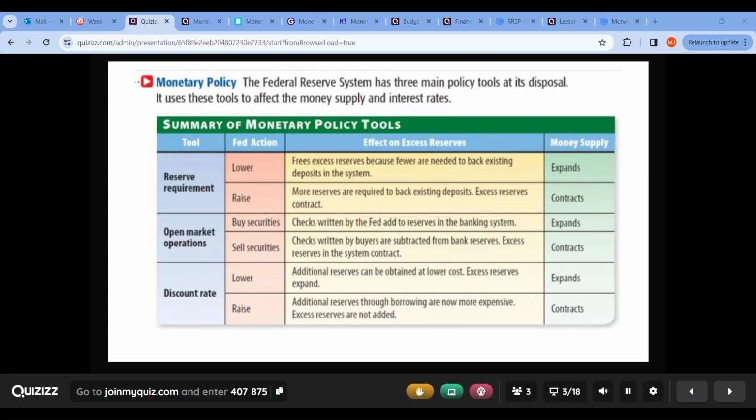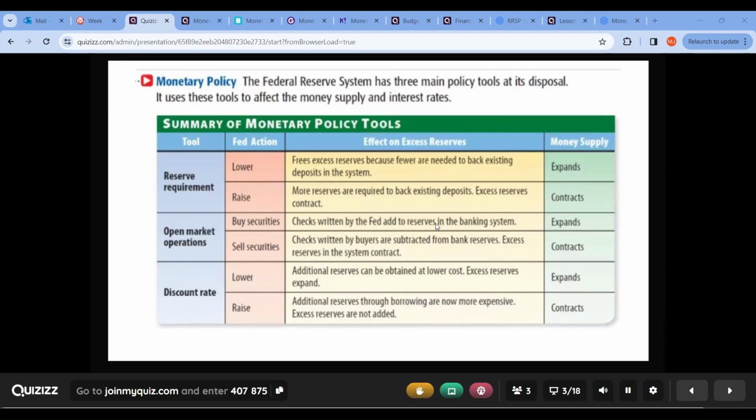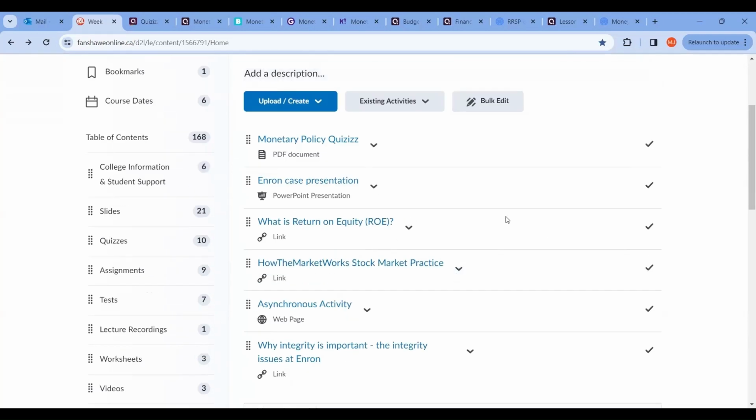And the ways to reduce the money supply are raising the reserve requirement, selling securities or bonds, and raising the discount or interest rate. Those are the ways that they can change the money supply. I'll also take a snapshot of this. It's under slide 3 of the PDF in week 10, in the monetary policy quizzes.